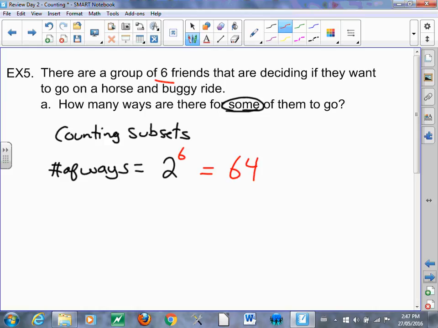Now that's 64 ways if it includes the null case. So it includes the null set, and the null set means that nobody goes. Therefore 64 ways for some of them to go.